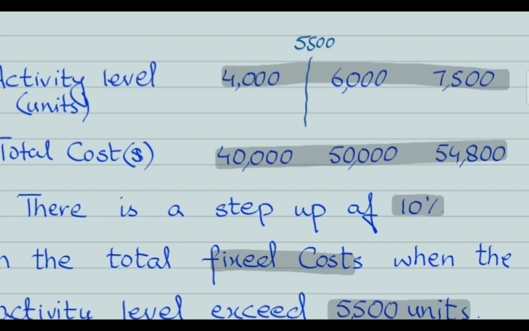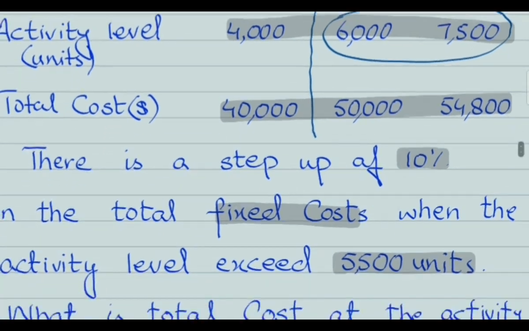Before this activity level of 5,500 where the change occurs, we don't have two activity levels. We have been given two activity levels after this change occurs. So we need to consider these two activity levels where the fixed cost remains unchanged.